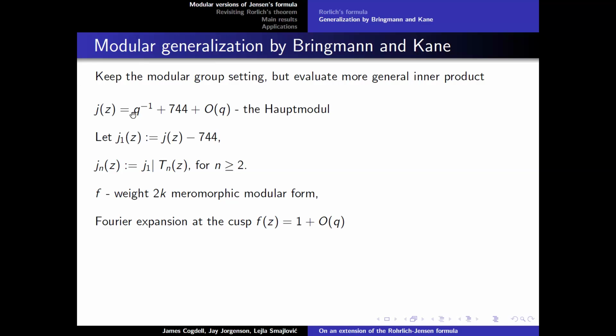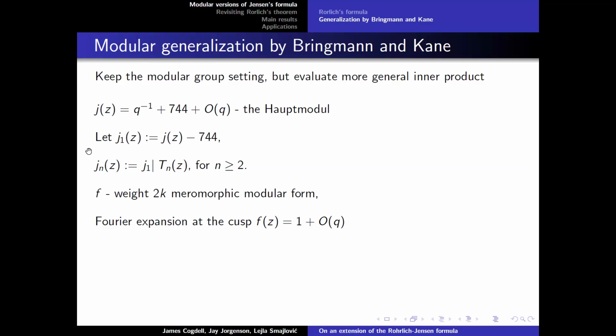For this particular setup, we will denote by J1 the Hauptmodul normalized so that the constant coefficient of the q-expansion of this function equals 0.